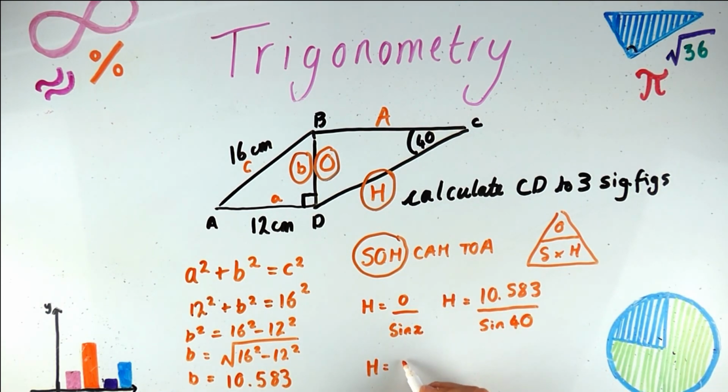Pause, we'll do it on the calculator. So H equals 16.5. So that's 3 sig figs, and we're also in units of centimetres, that's centimetres, and over here is also centimetres.